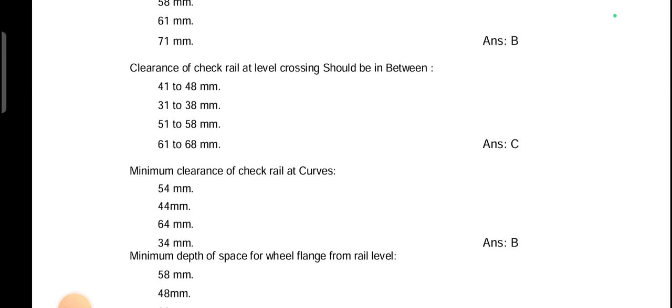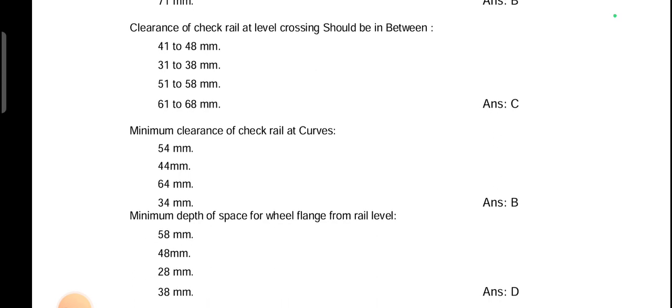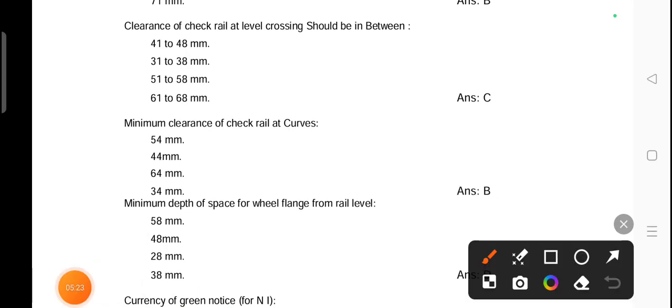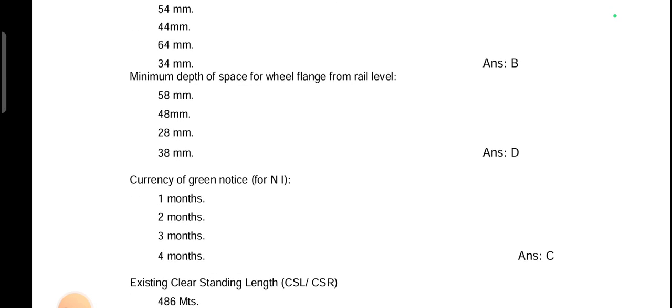Next, clearance of check rail at level crossing should be in between 51 to 58 mm. Next, minimum clearance of check rail at curves: 44 mm. Next, minimum depth of space for wheel flange from rail level: 38 mm.